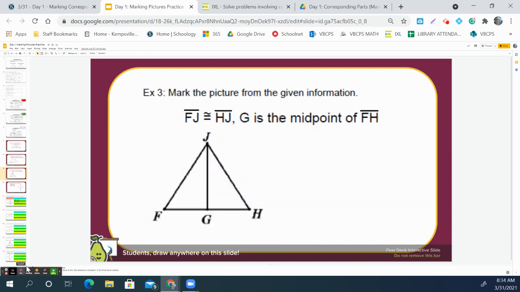What about this one? What do I mark? Sides or angles? Sides, absolutely. What about this? G is the midpoint of FH. What's the so what if I know G is the midpoint of FH?